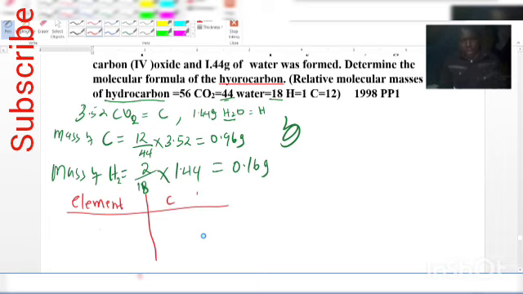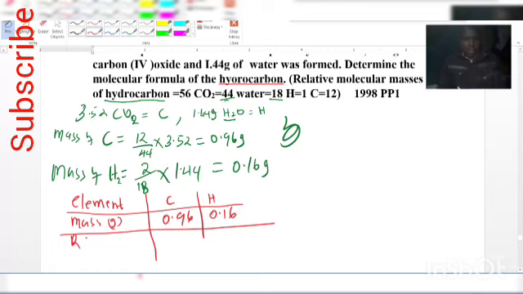carbon and hydrogen. So mass in grams, carbon is 0.96, hydrogen is 0.16. Next is RAM.